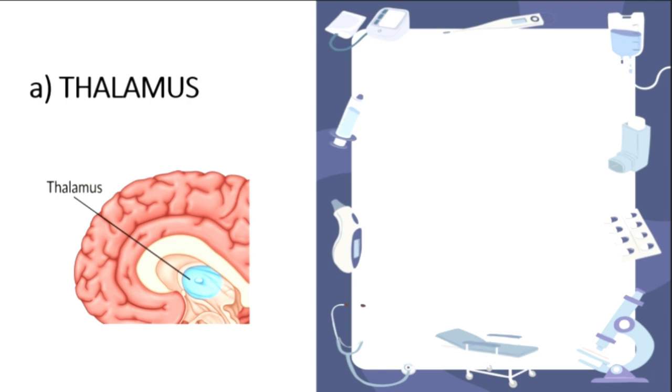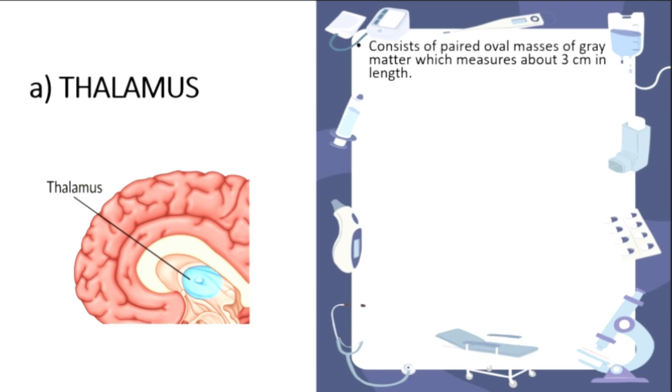The superior part of the brain is this diencephalon, and it extends from the brainstem to the cerebrum and surrounds the third ventricle. We already know it includes the thalamus, hypothalamus and epithalamus.